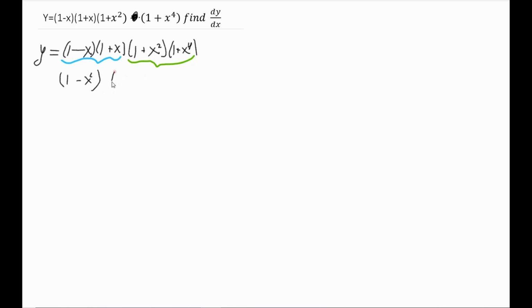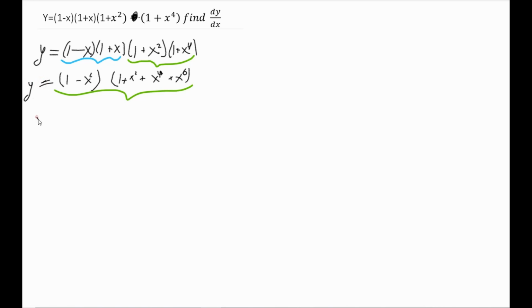This one ends up being 1 plus x squared plus x to the 4th plus x to the 6th. And so now we just need to take these two terms, multiply them together, and then we can finally take our derivative.